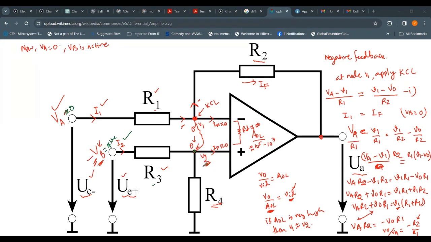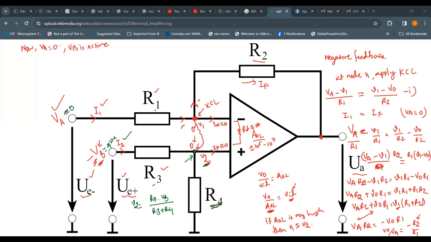So the voltage V2 can be written by applying the voltage division rule, that is R4 times VB divided by R3 plus R4. So that's the voltage coming here, the V2.